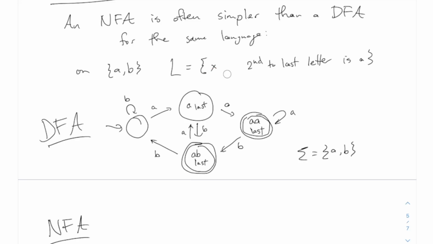If you wanted to be more detailed here, I would say X in AB star. The star should go there because X is any string using A's and B's. Or if you called it sigma, you could say X is in sigma star. Yeah, that star is a little pesky.